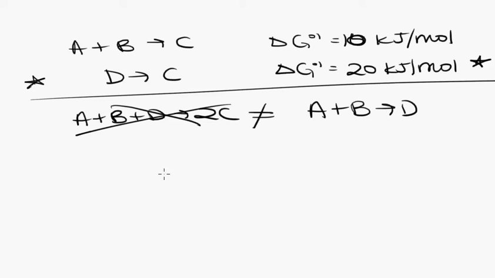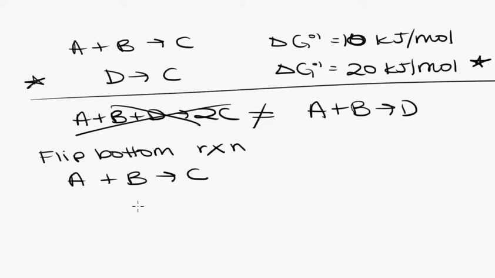So in order to do this, we must flip the bottom reaction. And when you do that, the delta G becomes negative. So A plus B goes to C. When we flip this, C then goes to D. Suddenly this is a product, this is a substrate, this is a product, and then we're going to get the reaction we want.